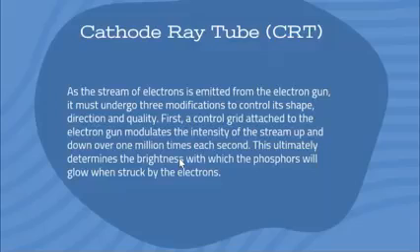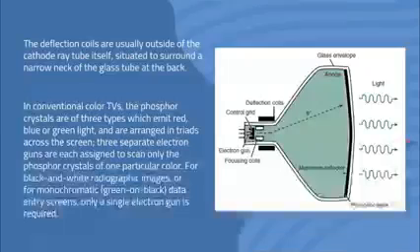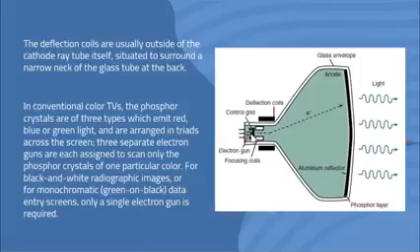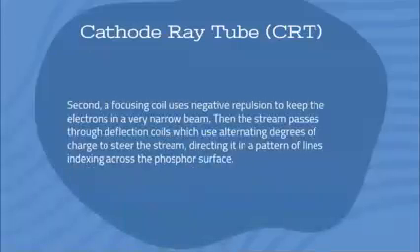It will go up and down over a million times each second. This ultimately determines the brightness with which the phosphors will glow when struck by electrons. So, that is the control grid. Okay? So, this is the electron gun, and this is your control grid. It will vary the intensity of the electron stream.